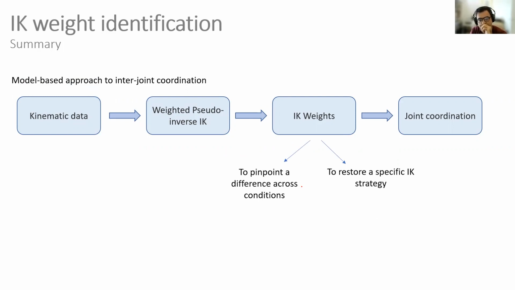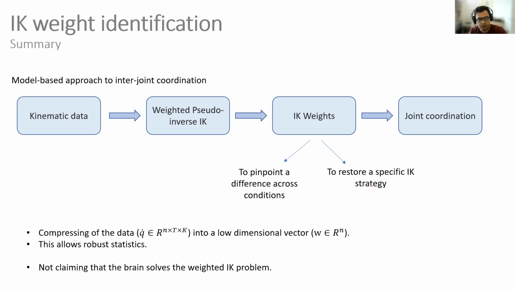We can either pinpoint differences across conditions, like the viscous field that was applied to subjects, or we can talk about restoring a specific IK strategy, like in the case of a prosthetic device. It's also a good statistical tool because we compress the data a lot, so it gives us robust statistics. Also, just a note: in this work we're not claiming that the human brain is actually solving a weighted inverse kinematic problem. It's just a way of modeling data.